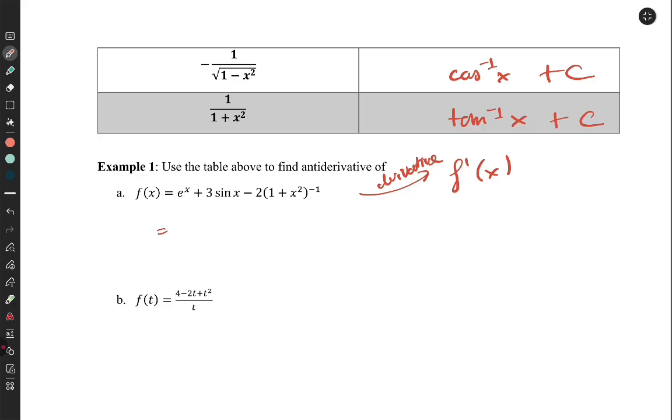If you want to find the antiderivative, capital F. Okay, I'll do the first one for you. E to the power x. E to the power x. All right. Now the next one.